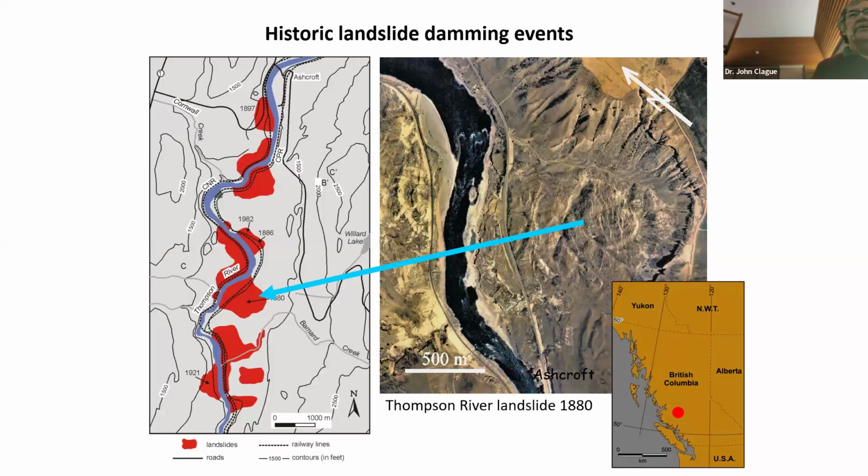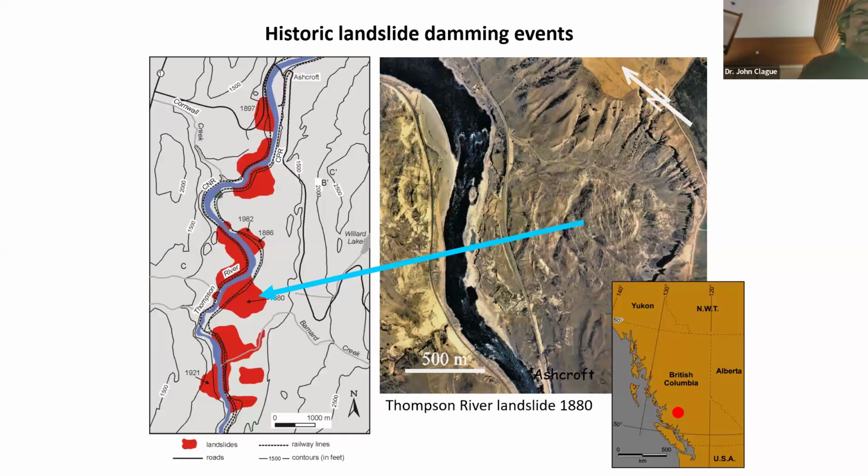And Ashcroft, being an old town, existed at that time. It sits on a river terrace just above the Thompson River, and parts of the community are located right on the floodplain. And so this reservoir backed up upstream of that barrier. It persisted for 44 days.